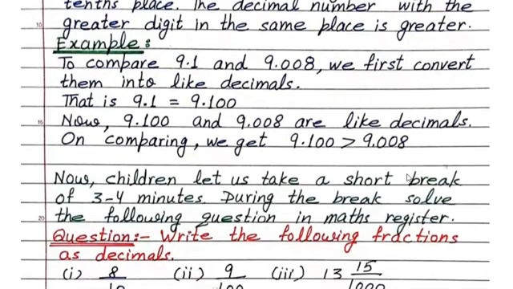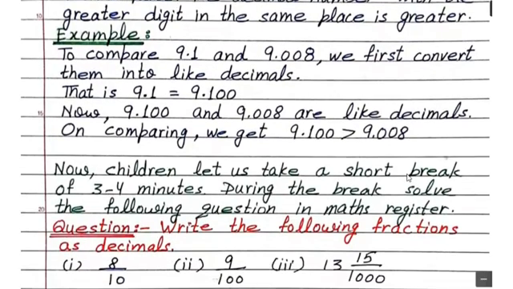Have a look. To compare 9.1 and 9.008, we first convert them into like decimals. Children, we know that after 1, we can put as many zeros as we want.